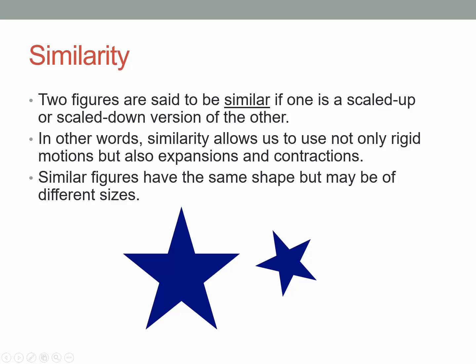Similar figures have the same shape, but they're not necessarily of the same size. They could be different sizes. So the two blue stars I'm showing you here are said to be similar. The one on the right is obviously a scaled down version of the one on the left, which has also been translated and rotated to get to that position on the right.